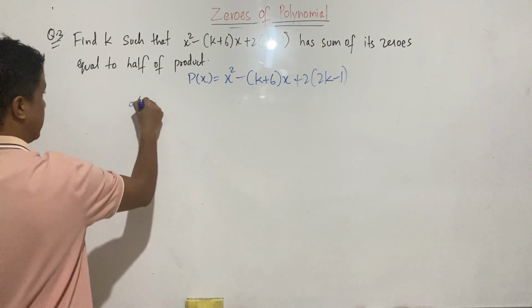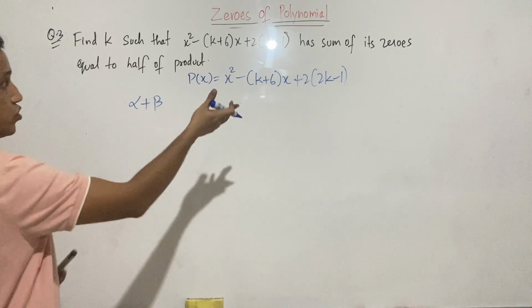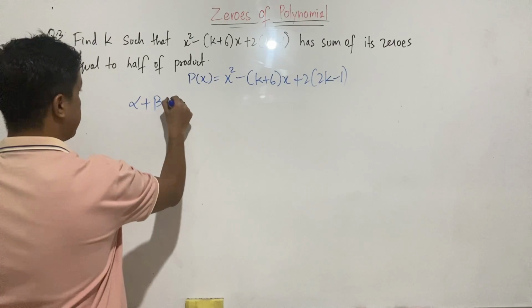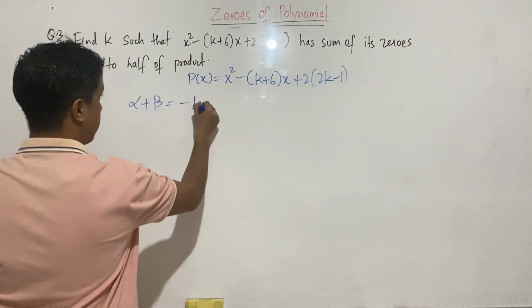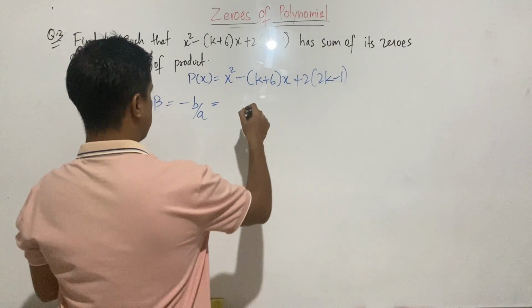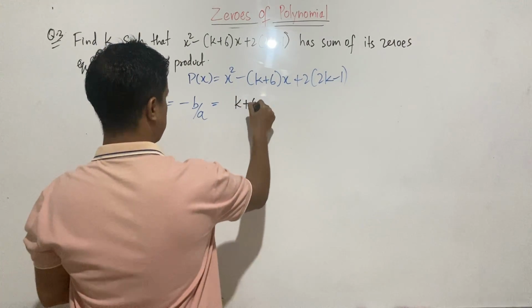So let's find alpha and beta, the two roots, because this is quadratic. It will be minus b by a. So minus b means k plus 6.